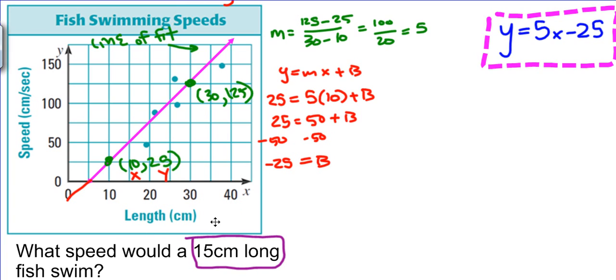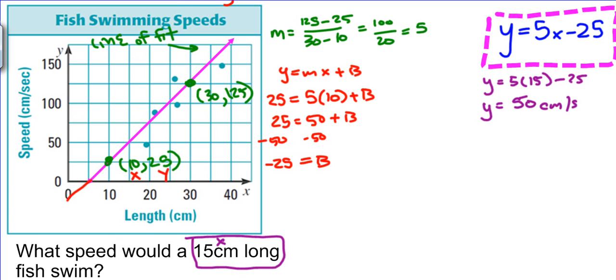So I'm going to plug 15 in for x, and I'm going to type that into my calculator. Okay, that's 50. 50 what? What speed? 50 centimeters per second.